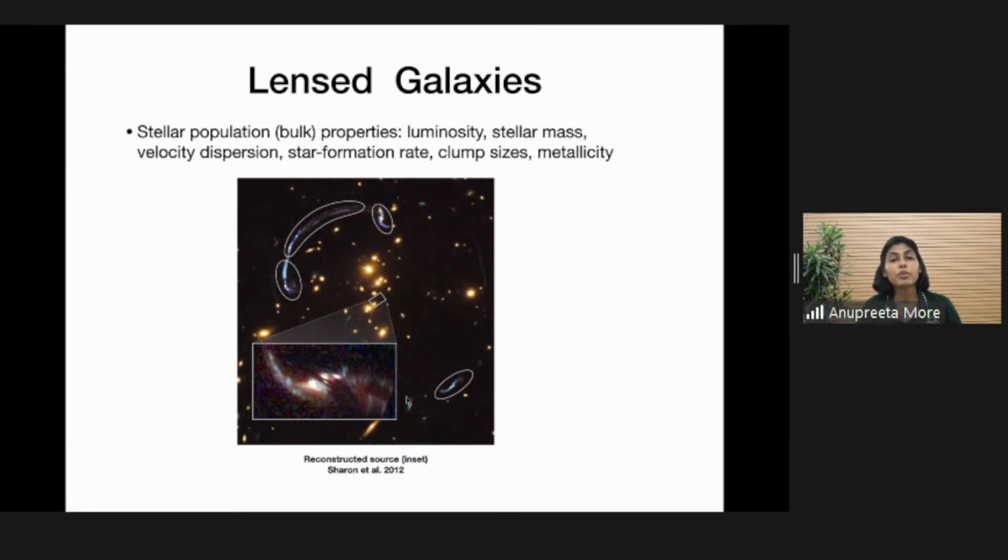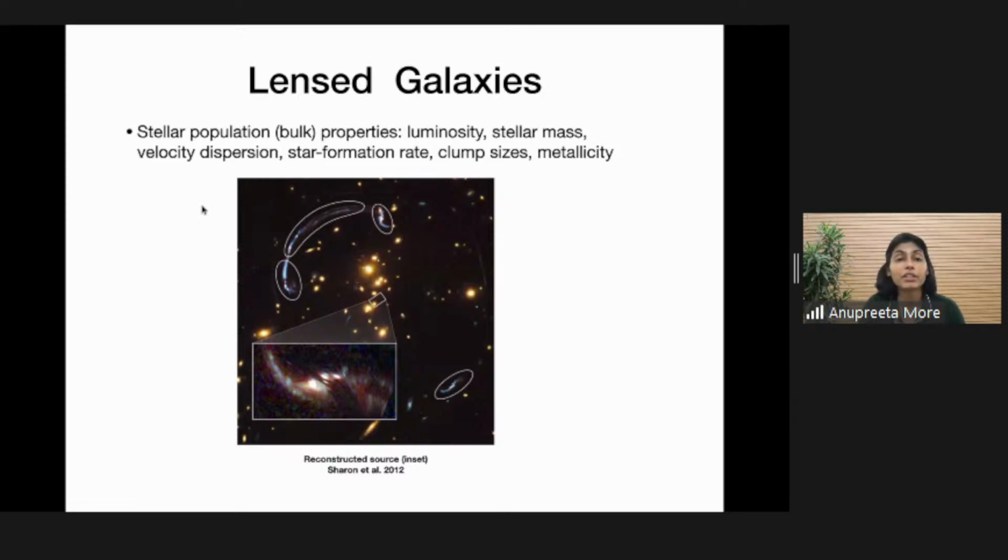Now, talking about using magnification as a means of studying very distant, faint lensed galaxies. With the help of the lensing magnification, we can use these strong lensing systems as natural telescopes, and we get a zoomed version of very distant and faint galaxies.